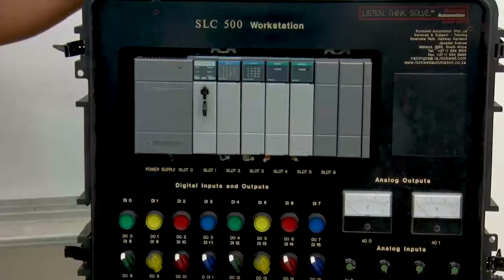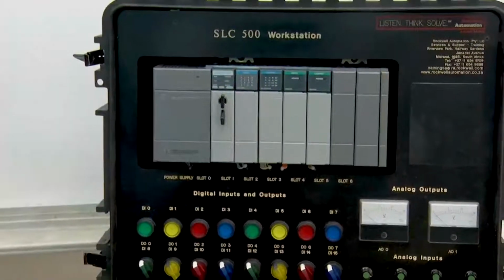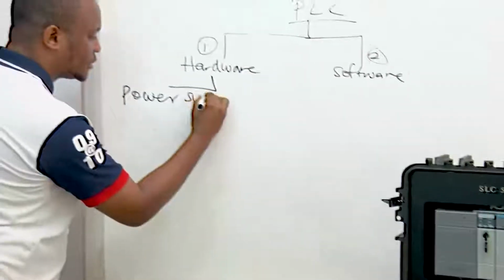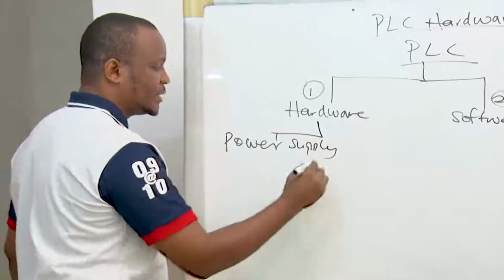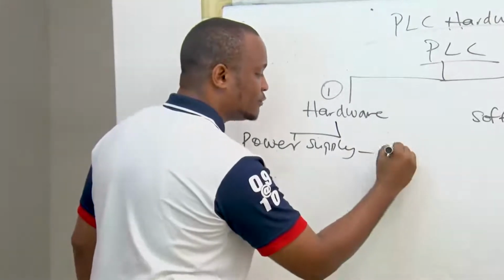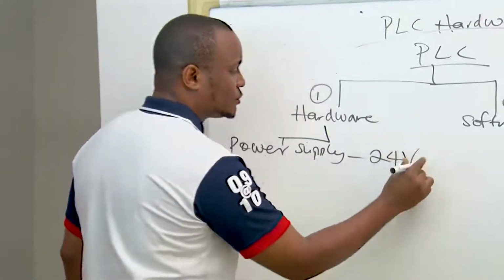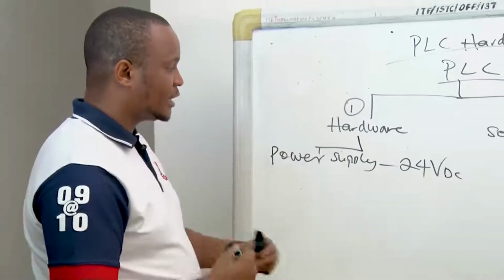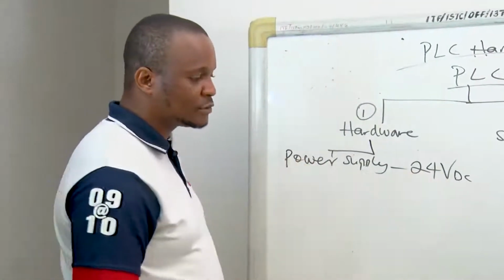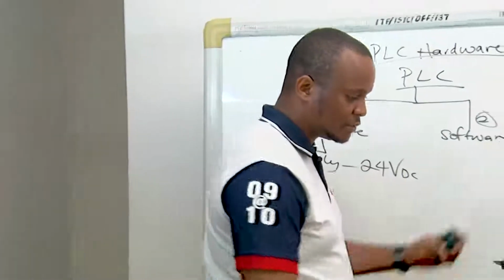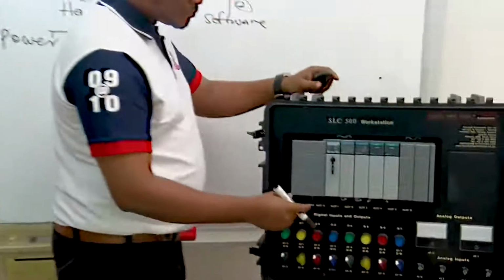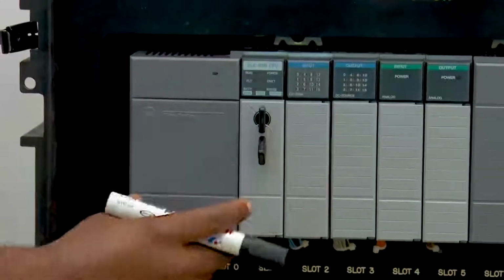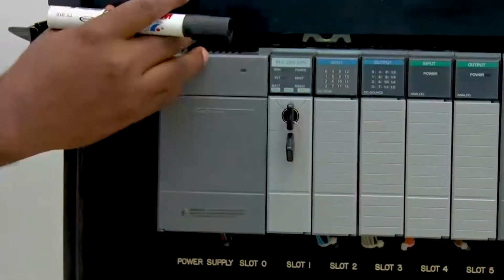Talking about the power supply, I did say that we have the power supply, okay? The power supply of the PLC makes use of 24 volts. This is the PLC's input voltage, or the voltage that supplies the PLC. This is the power supply of this SLC 500.